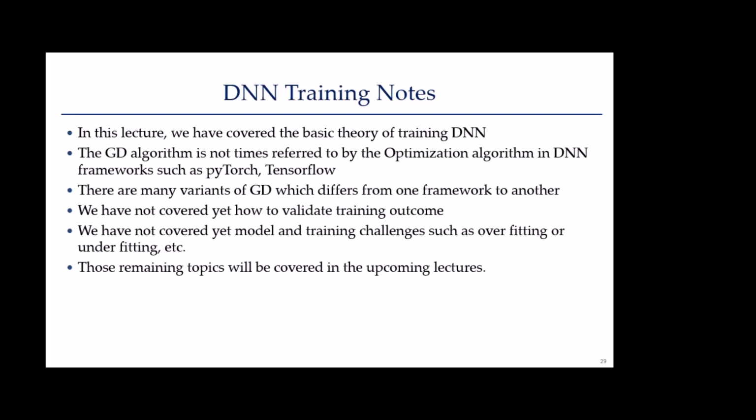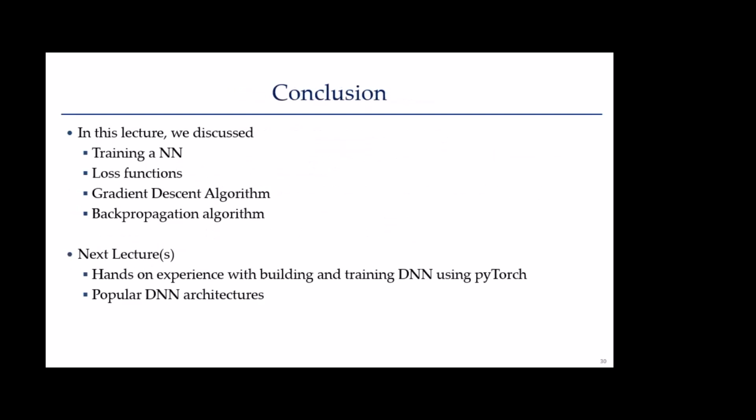We did not cover some of the training related items, like how to validate the training outcome and how to fix some of the training problems, such as overfitting or underfitting, which we're going to come to later. In the next lecture, we're going to talk about how to build and train a deep neural network using PyTorch. And also in the following lectures, we're going to talk about some popular DNN architectures.